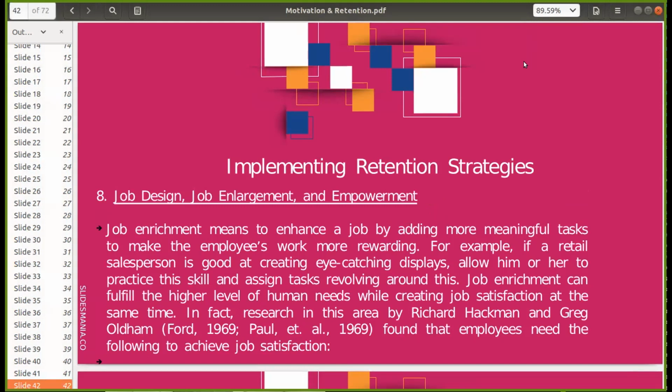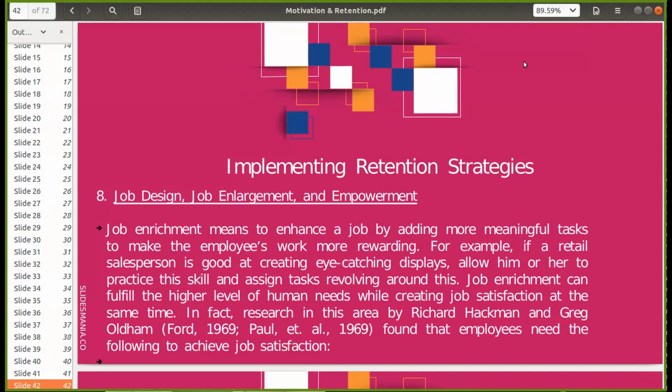Okay. Next is job design, job enlargement, and empowerment. Okay. So, yun nga, again, no, as what we have previously discussed, one of the reasons for job dissatisfaction is the job itself, mismo trabaho. Okay, so ensuring that HR appropriately match the skills with the job.